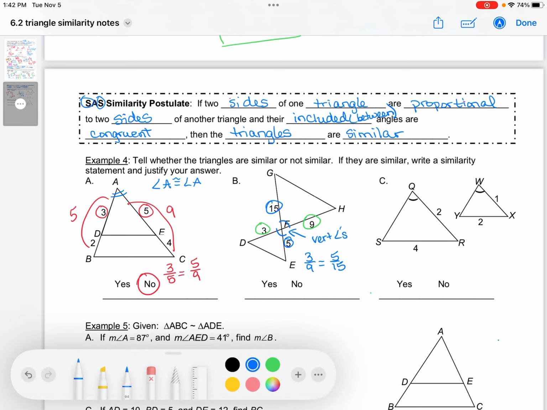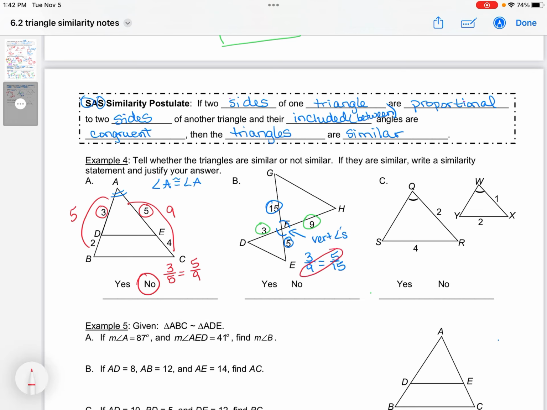So many ways we could figure that out. One way would be to go like this. You remember this? 15 times 3 is 45. If those are the same, then they're proportional. The fraction simplifies.